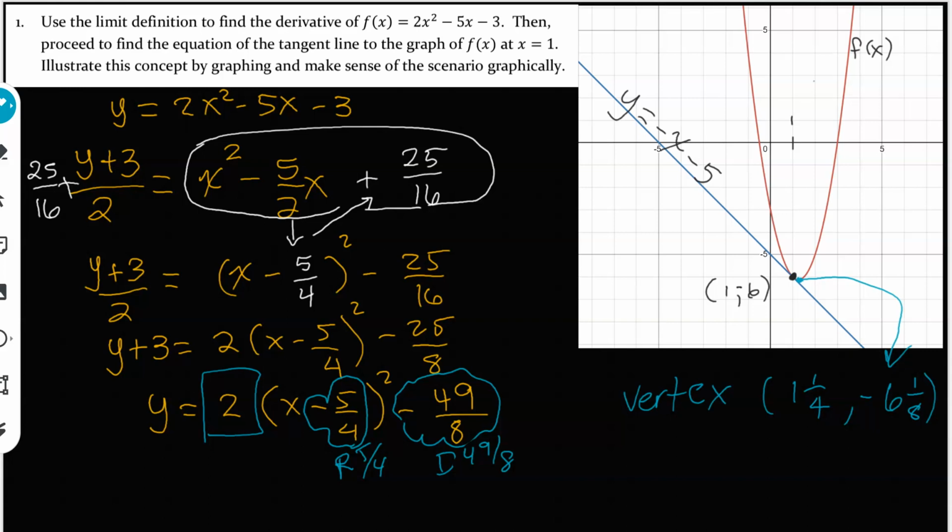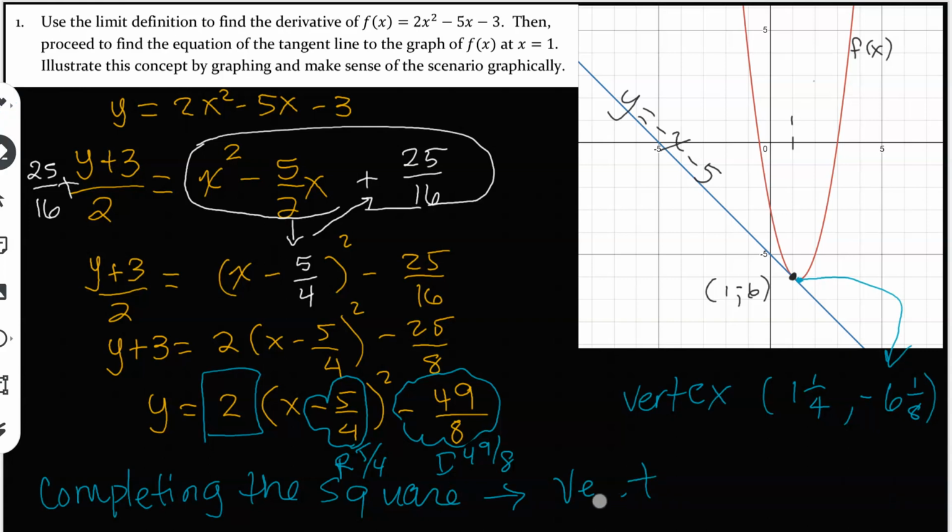A little bit of review: this is called completing the square, to get it into vertex form, to graph by transformation. And if you need a review on that, let me know.